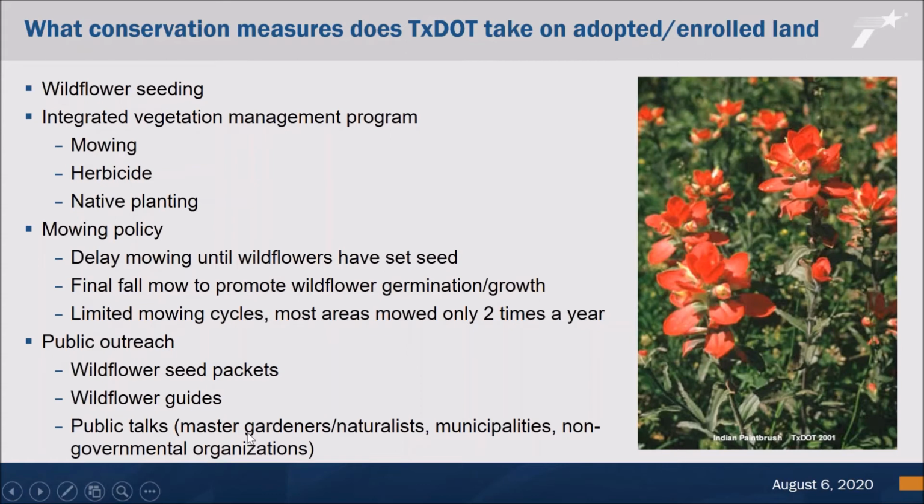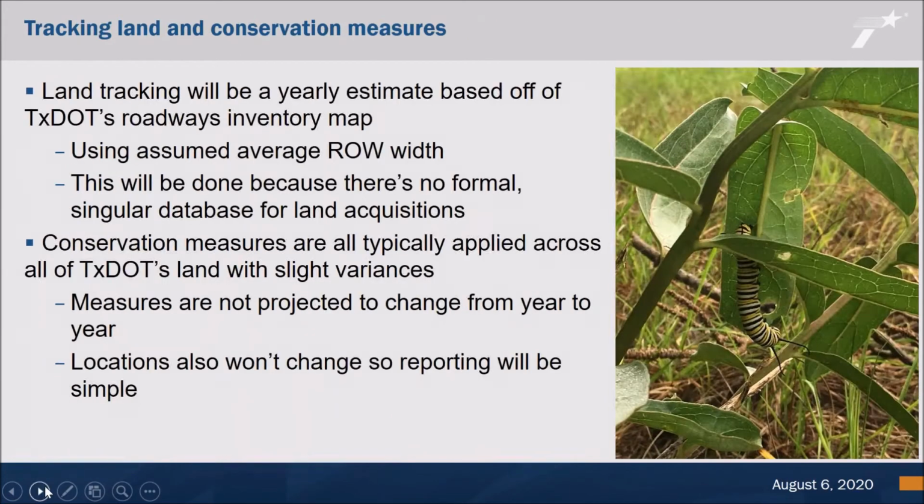We also have Wildflower Guides to educate people on what we commonly see on the right-of-ways and what we consider desirable. And we do a lot of public talks as well to groups such as the Master Gardeners or Naturalists, different municipalities, NGOs, and those are just some of the things that are TxDOT's either conservation or supplementary measures that we've enrolled in the CCAA.